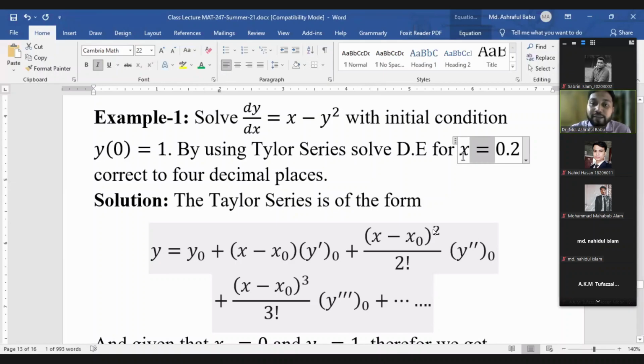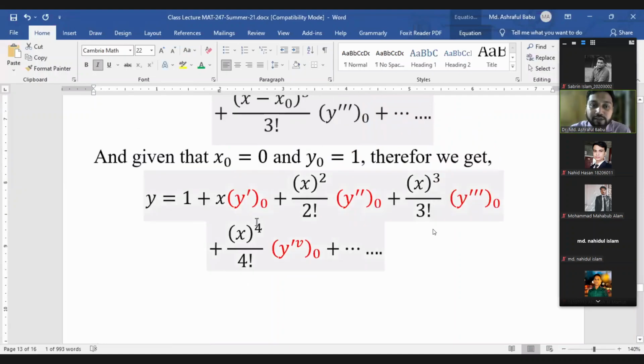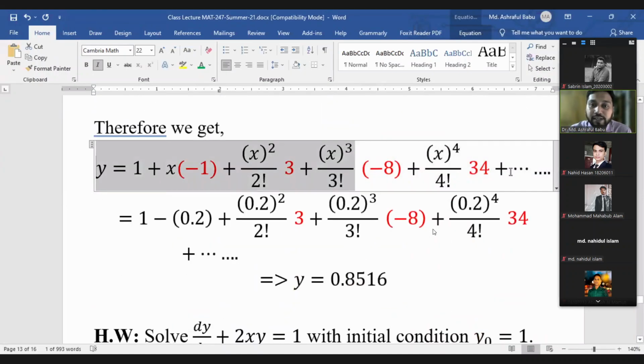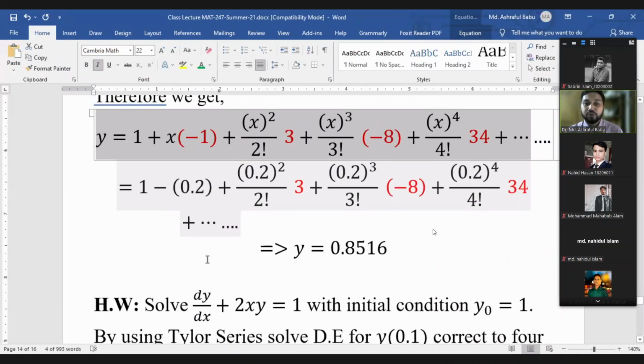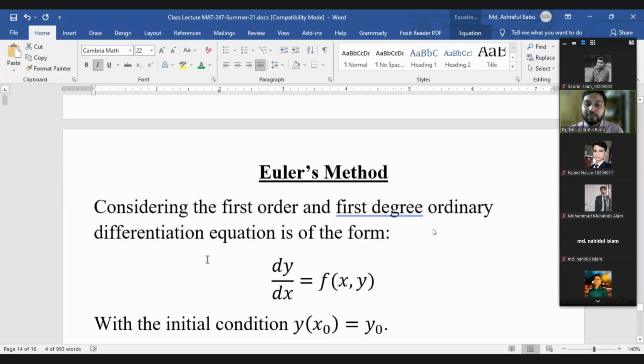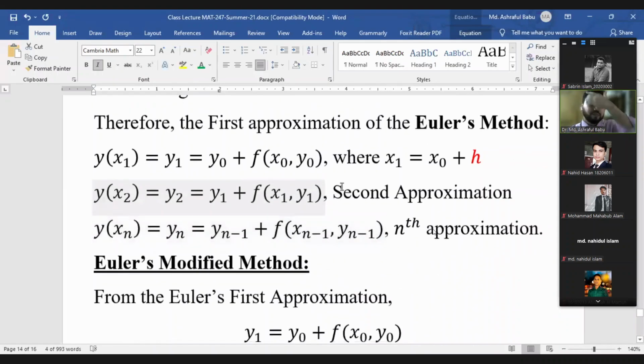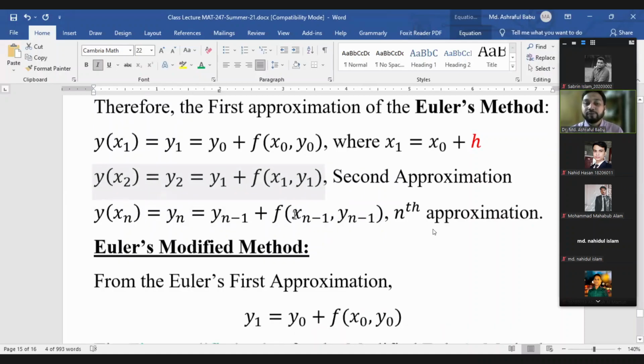I told you that if you do not put the value x equal to 0.2 in Taylor's method, then we will find the function, and then we can put the value in. This is the same procedure in Euler's modified method, but in Euler's modified method we cannot find a function; we have to find the numerical value directly.